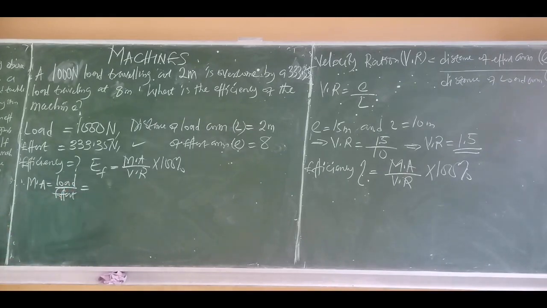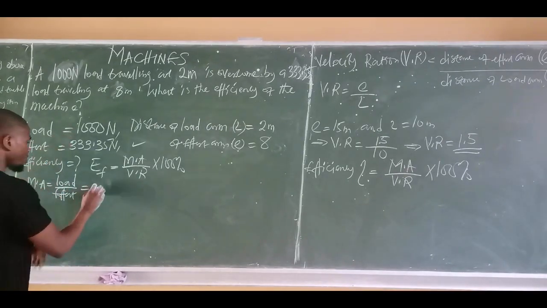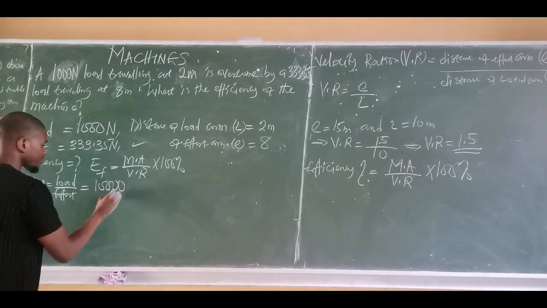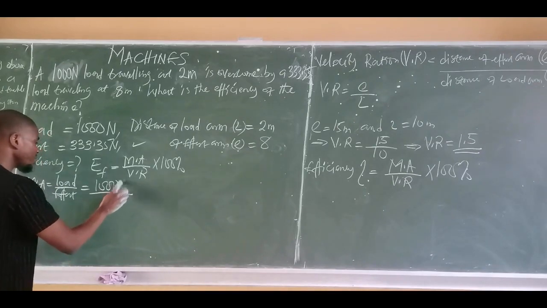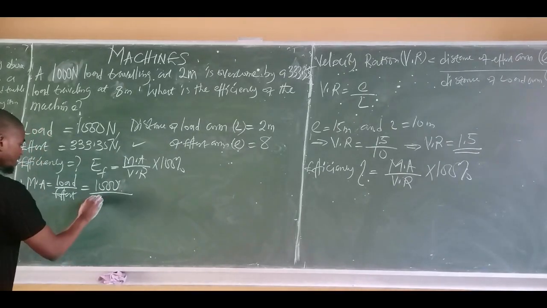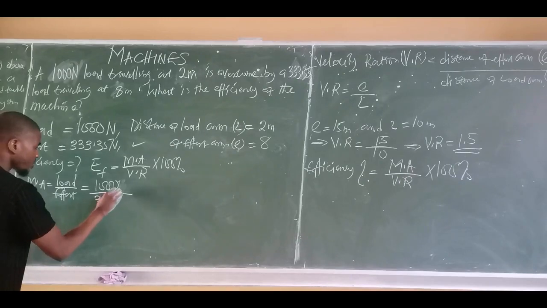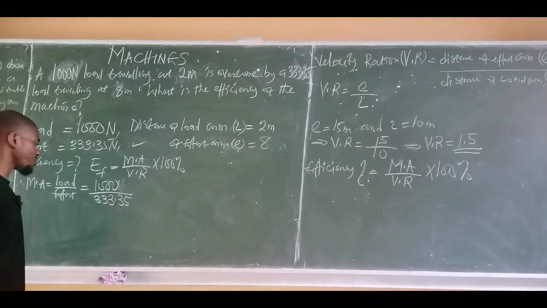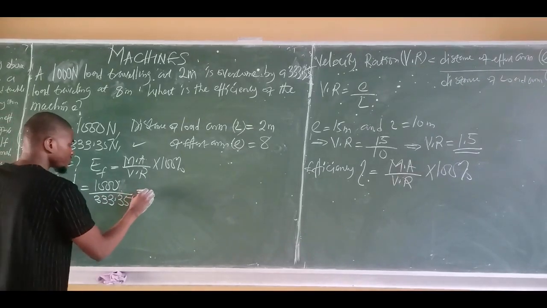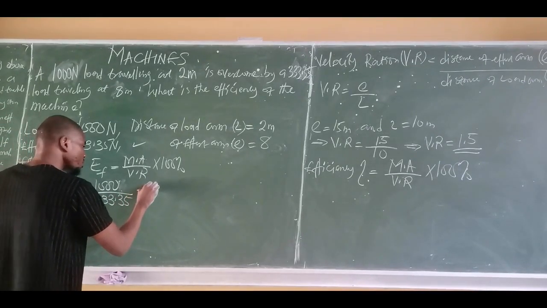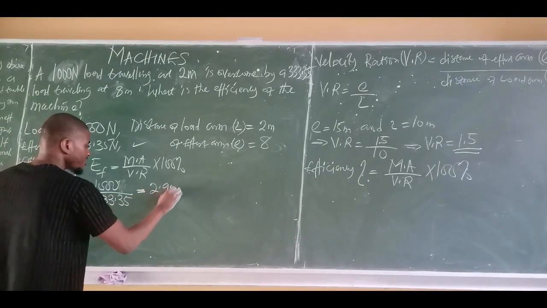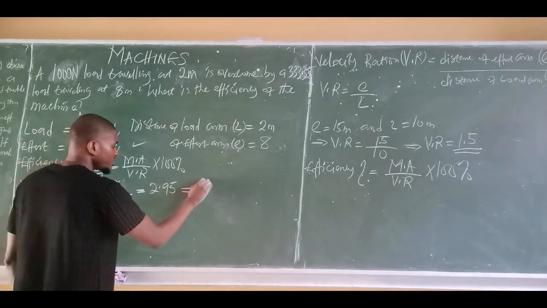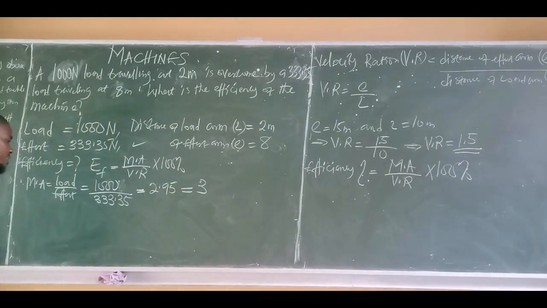So this is equal to 1000, the load given to us, over 333.35 newtons, the effort given to us. Now 1000 divided by 333.35 newtons gives us 2.95, which is approximately 3. So the mechanical advantage is simply 3.